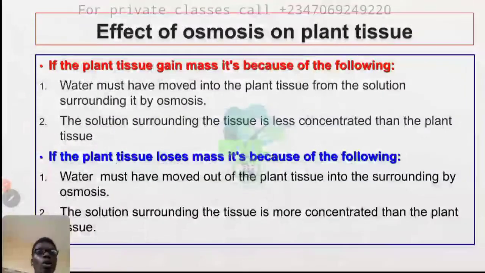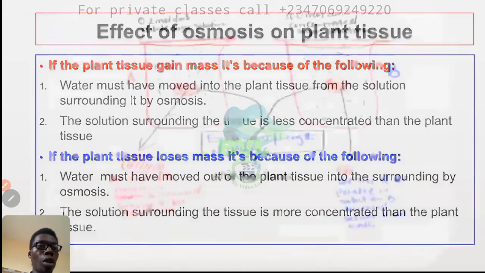Let's look at how osmosis affects plant tissue, how the plant tissue responds to osmosis. Now it says here, if you take a piece of, let's say, a potato, just cut out a piece of potato, and you put it in a jar of water. If that plant tissue gains mass, it is because water must have moved into it.